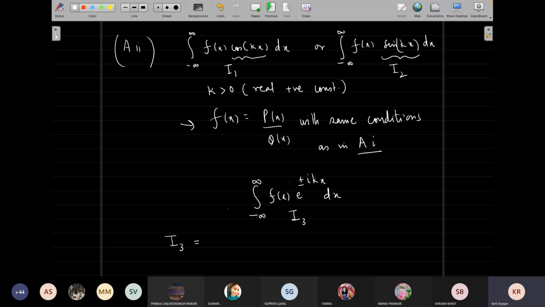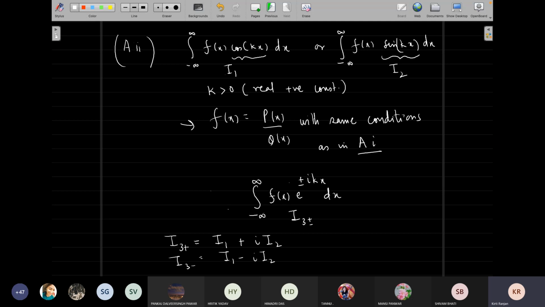If I just take the plus part, it is the sum of the two. So I3 plus can be written as I1 plus i I2. And what will be I3 minus? I1 minus i I2.